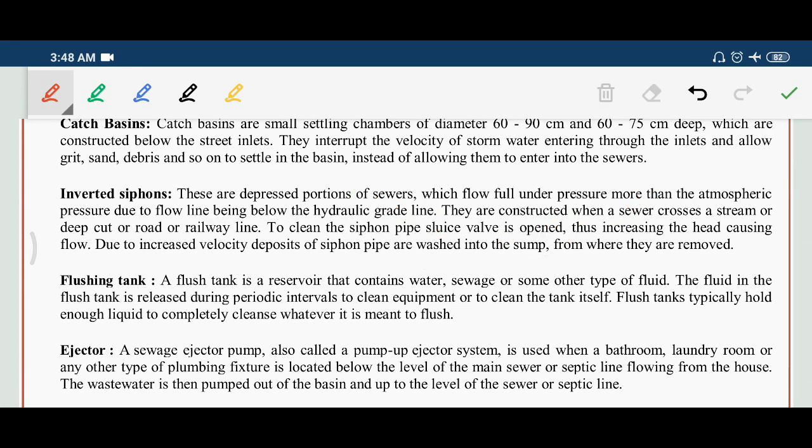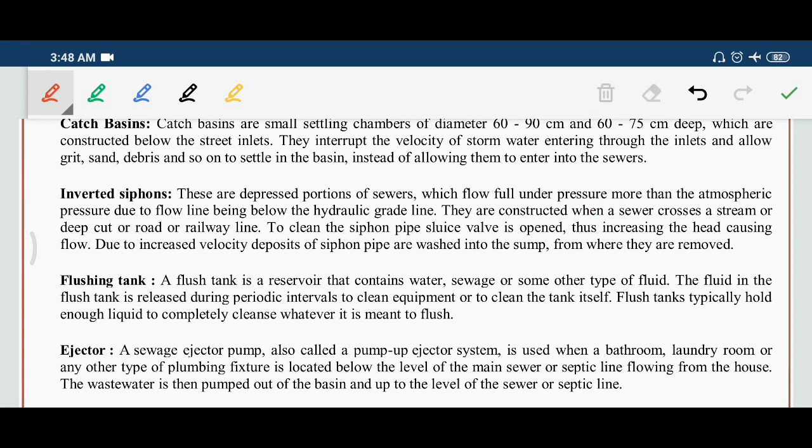So what happens is, you have to remember one important point. The velocity is more here, and the pressure is more than the atmospheric pressure due to the flow line.